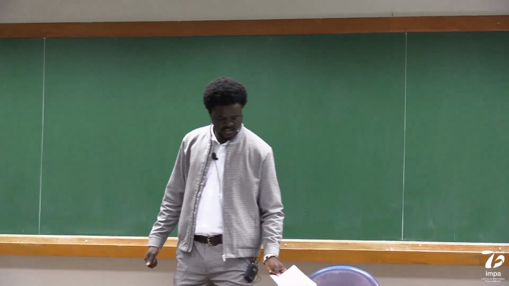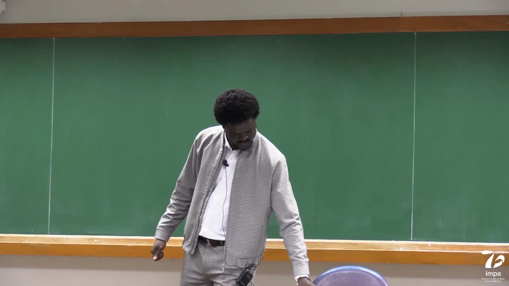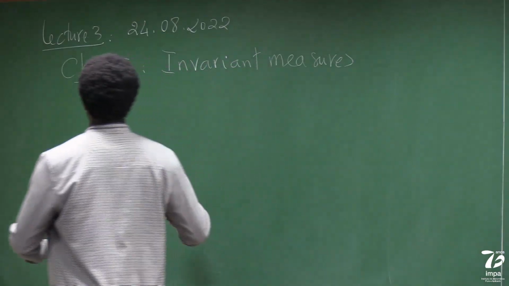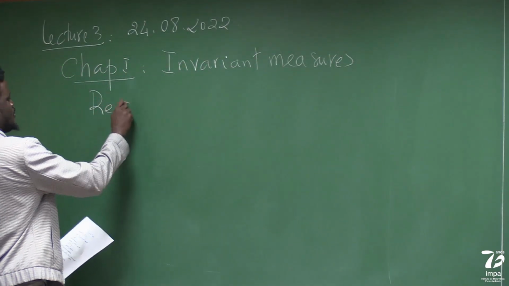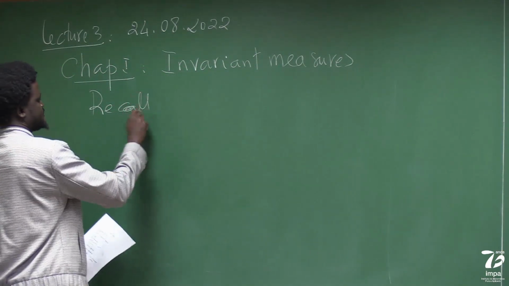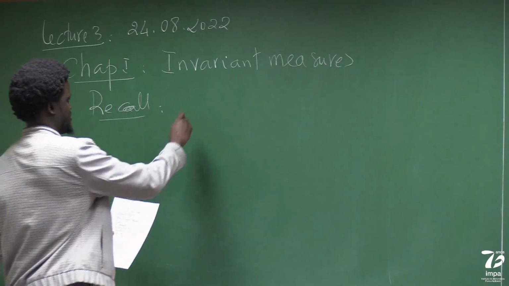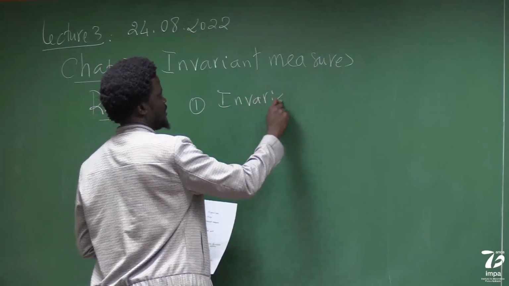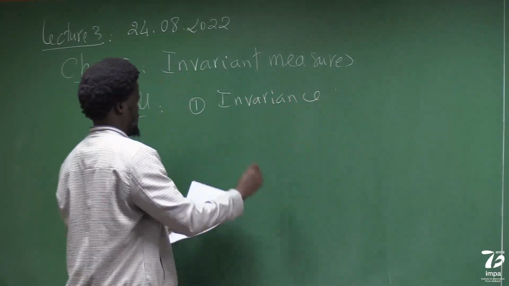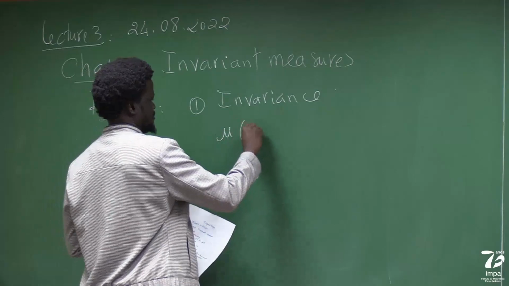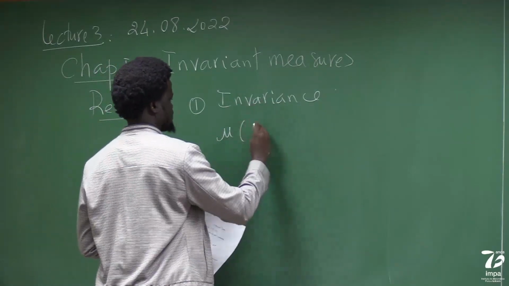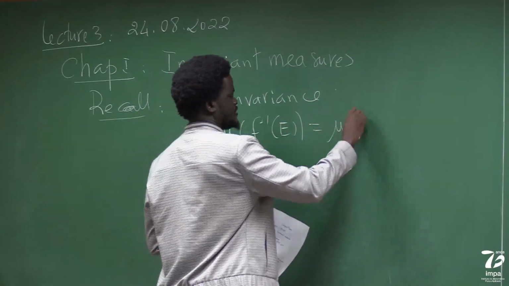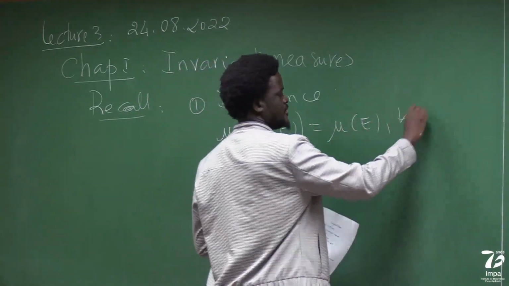I like to start with recalling 2 or 3 important things that we have seen. So recall from the last lecture that one point we have seen was invariance, which was a definition: mu of f minus 1 of E equals mu of E for every measurable set.